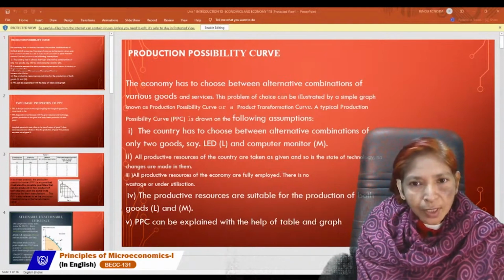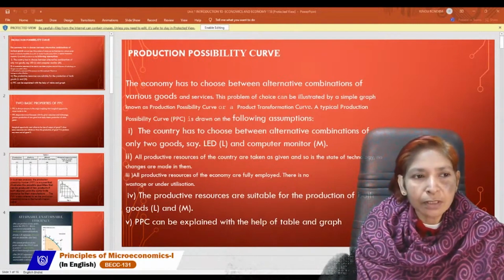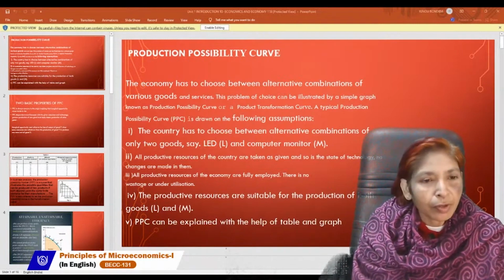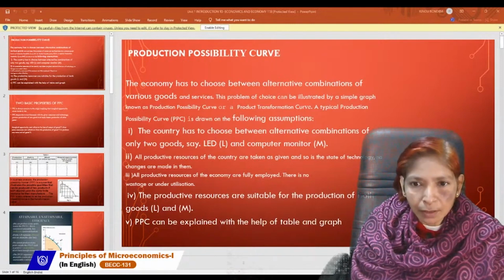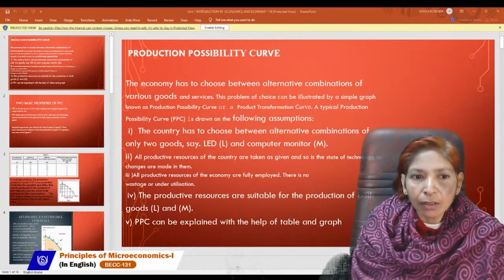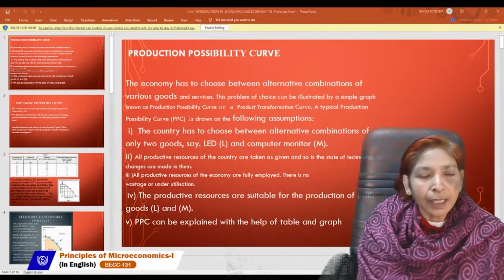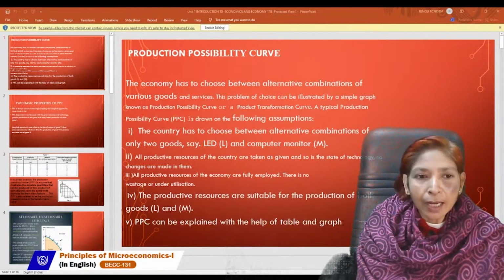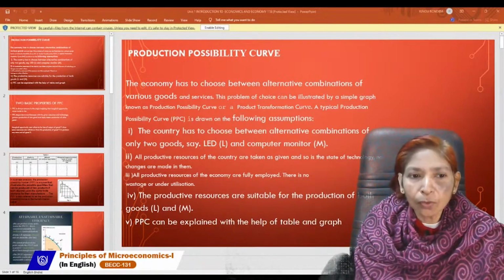This problem of choice can be illustrated by a simple graph, which is known as the production possibility curve or a product transformation curve. A typical production possibility curve is drawn on the following assumptions. First of all, the country has to choose between alternative combinations of only two goods.